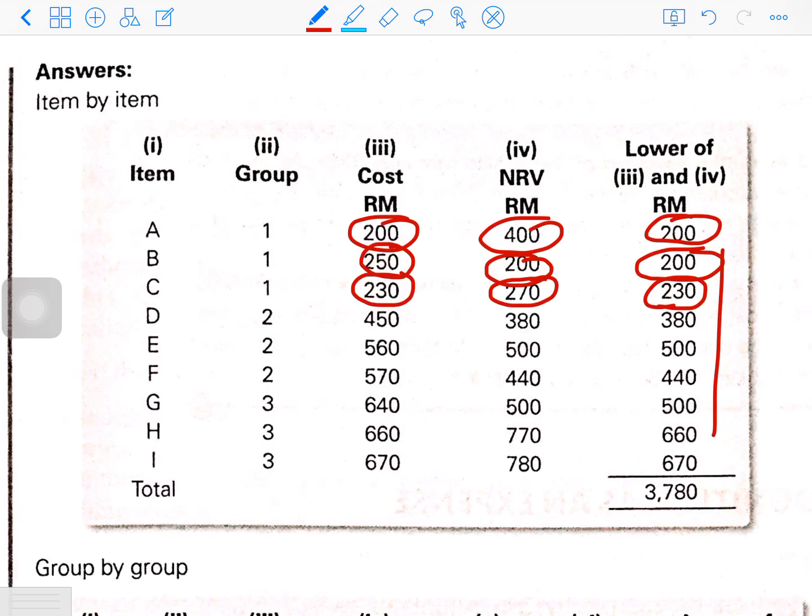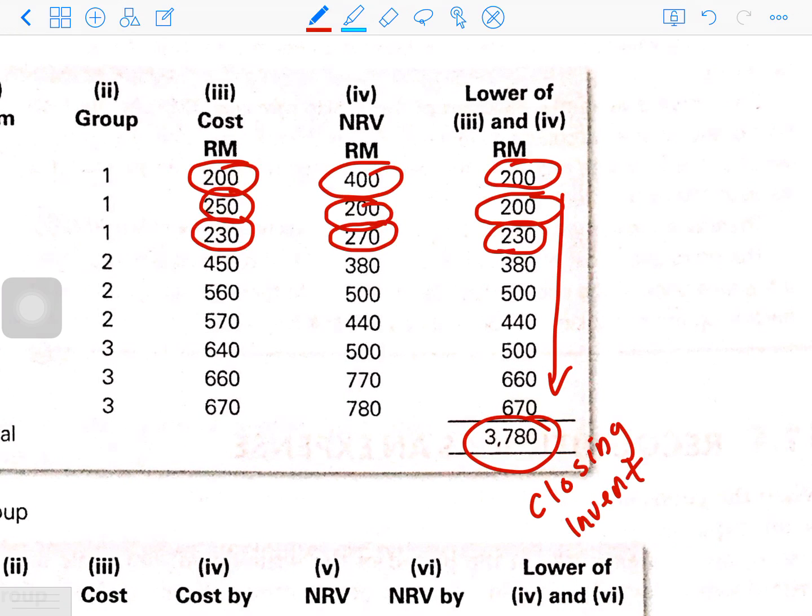So all this up to here you get a certain amount, right? 3780 becomes your closing inventory cost. That will be in your financial position. Okay, that is the item by item basis.